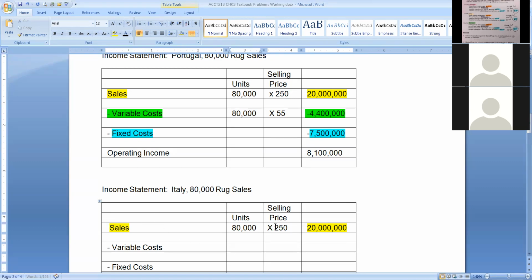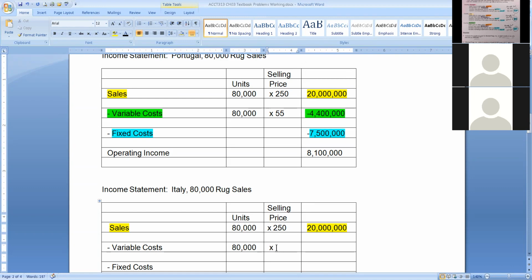Variable cost will be 80,000 units times... I did the big X, now it should be little X. Oh, it automatically stopped calculating.